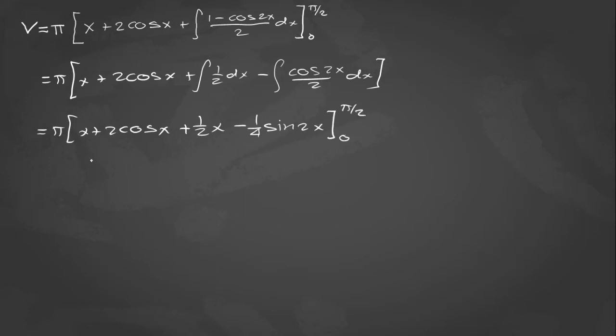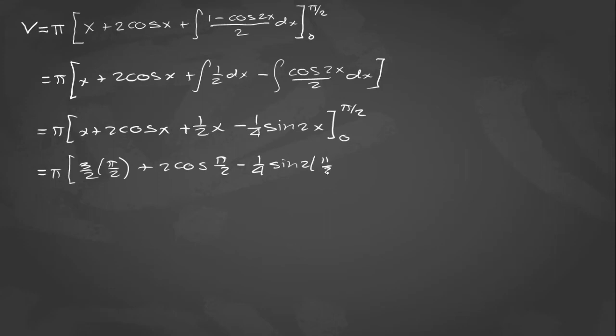Now, evaluating the limits of integration, we have pi times: 1 half x plus x is 3 halves x. So 3 halves multiplied by pi halves, plus 2 cosine pi halves, minus 1/4 sine of 2 multiplied by pi halves.